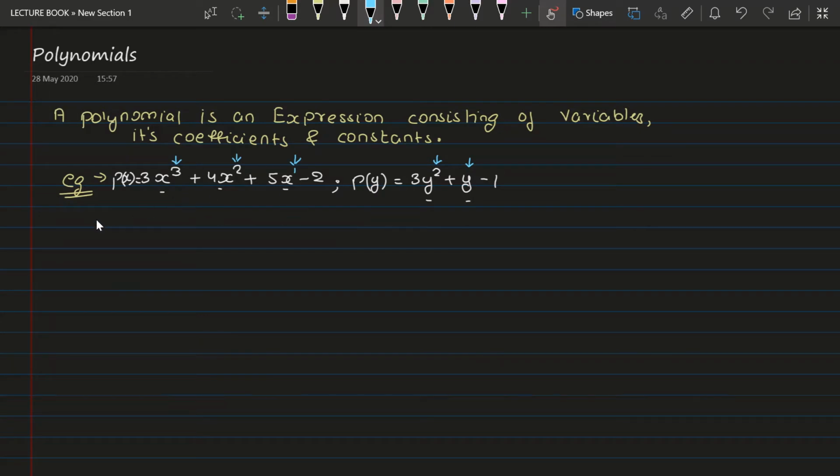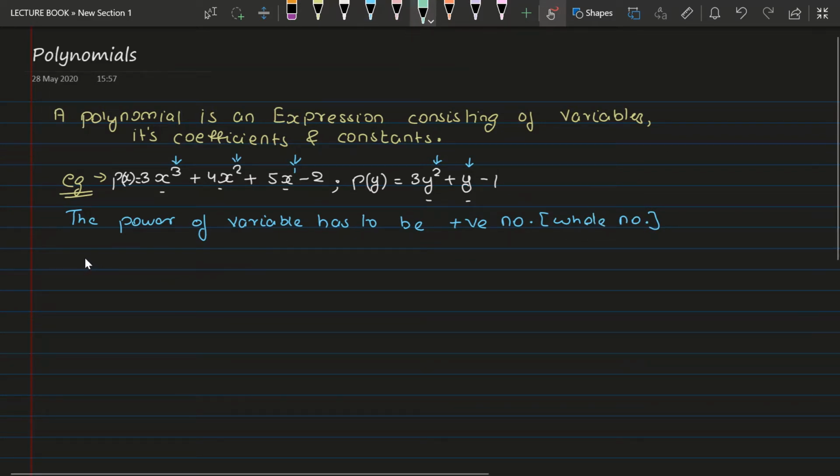So the power of variable has to be a positive number, or I can say a positive whole number.